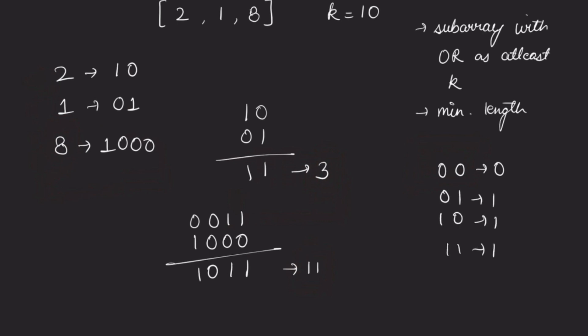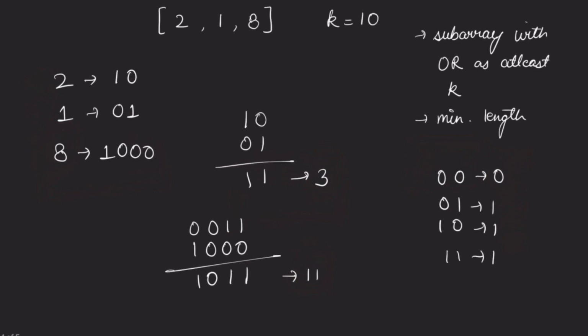And when both are 1, it also gives 1. So there is no case when the bitwise OR unsets a bit. Either it keeps the bit as is or it sets the bit. So either it keeps the number as is or increases that number. Bitwise OR never decreases a number.